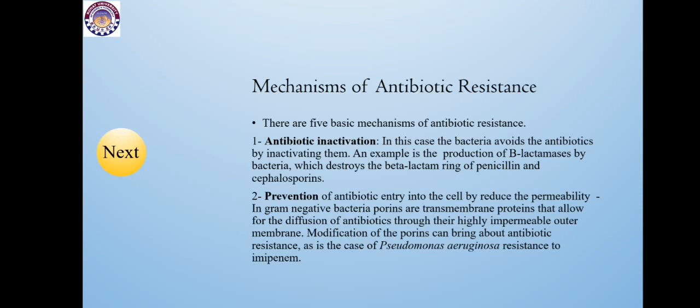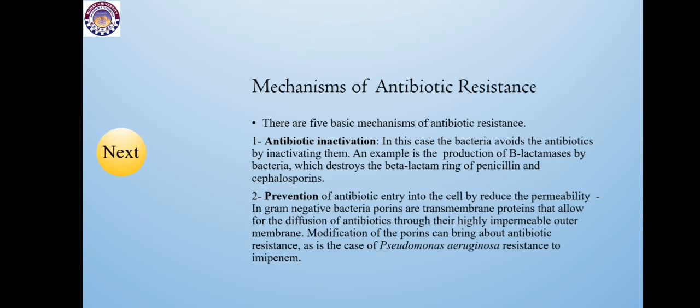antibiotics. Now the second is prevention of antibiotic entry into the cell by reducing permeability. The microorganisms modify their membrane proteins, also known as porins, which are used for diffusing in and out of different molecules, including antibiotics.